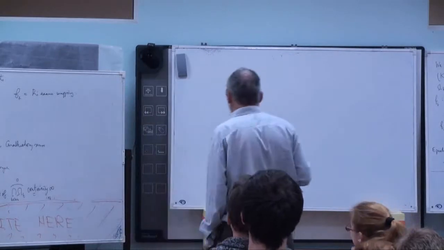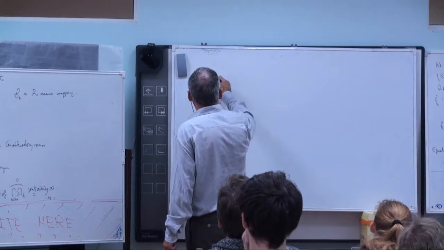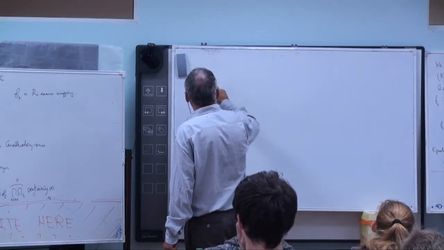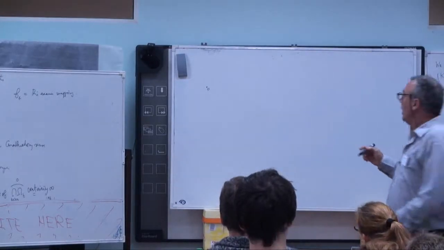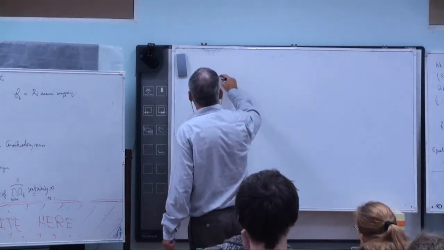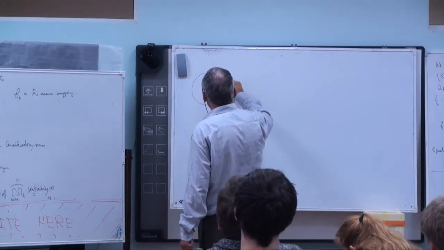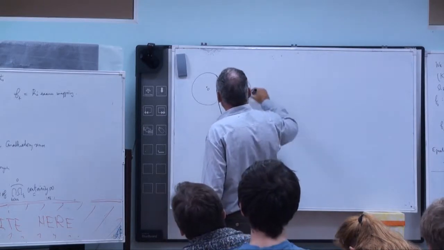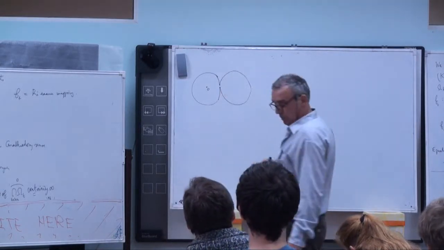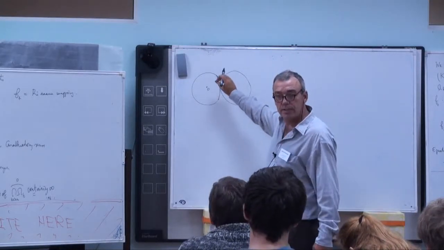So let's consider, for instance, this is 0. Think of 0 as being infinity. Then take a domain which is a big disk here, a very small, narrow gate, and another disk here. And let's close this thing.